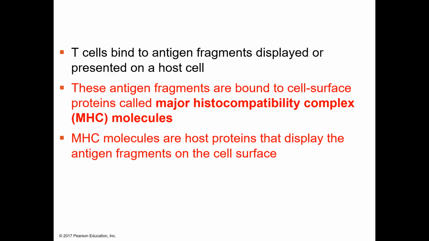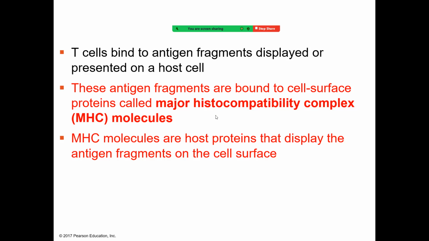Okay, so antigen fragments are going to be bound to the surface of our antigen presenting cells, and they are going to be bound to what are called MHC molecules. And MHC molecules stand for major histocompatibility complex molecules. We're going to see that MHC molecules can be of type 1 or type 2, depending on the type of cell that you're talking about.